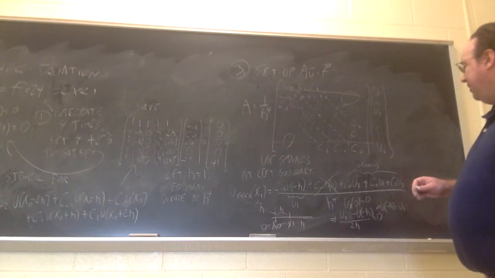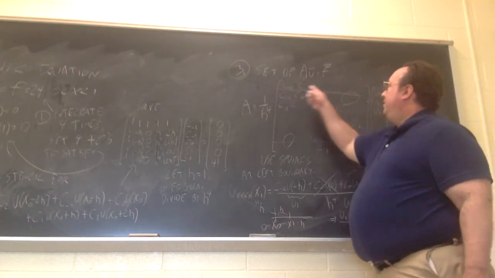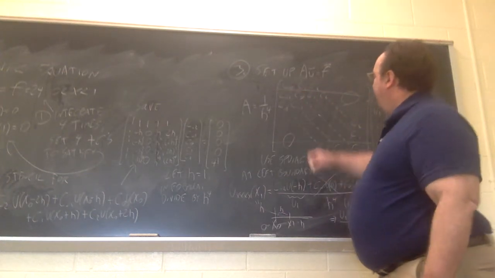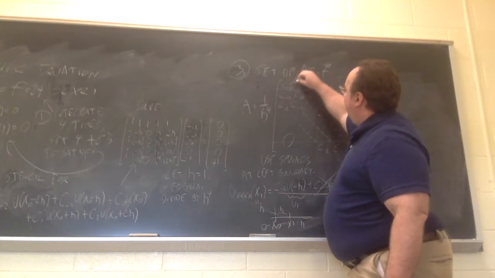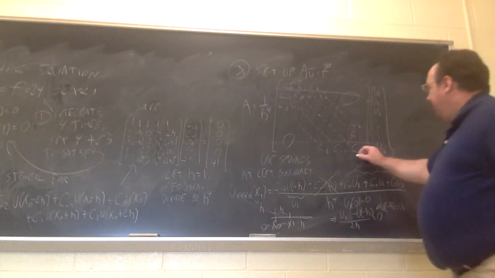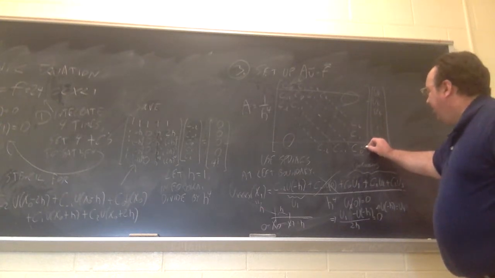Whatever is multiplying u1 has to go in this spot in the matrix. So I add on c minus 2. That coefficient gets lumped in there. And same thing down here, on the opposite side, I'll add on c2.